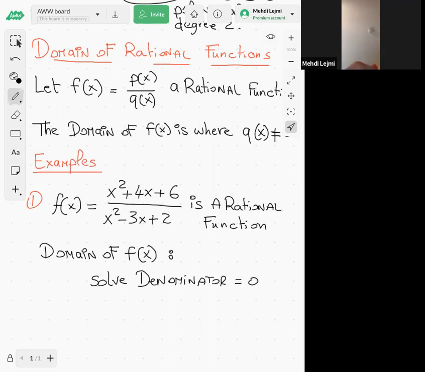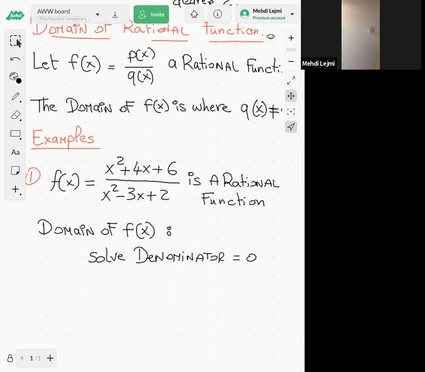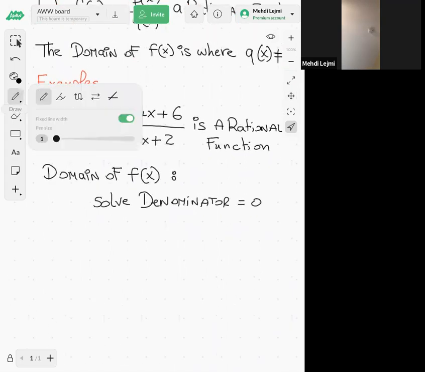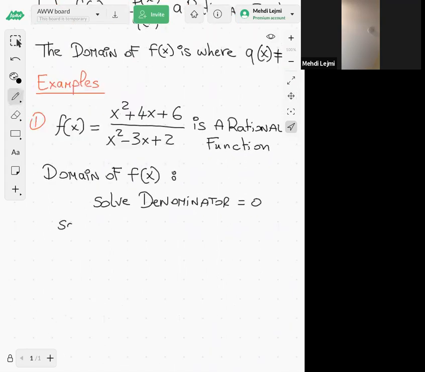So solve the denominator equal to 0, so we have to solve x squared minus 3x plus 2 equal to 0. So this is just a quadratic equation, right?